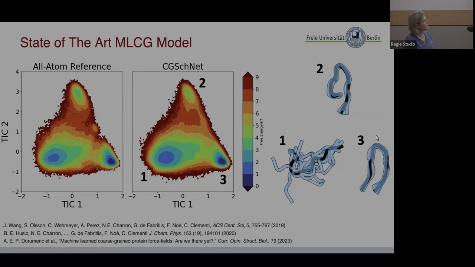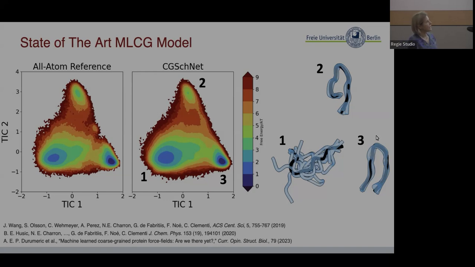Then we compute the free energy and project it as a function of two collective coordinates. We find that there are three minima. This is the free energy scale. The deepest minimum corresponds to the folded state. Another minimum corresponds to the disordered unfolded state, and another shallow minimum corresponds to the misfolded state.